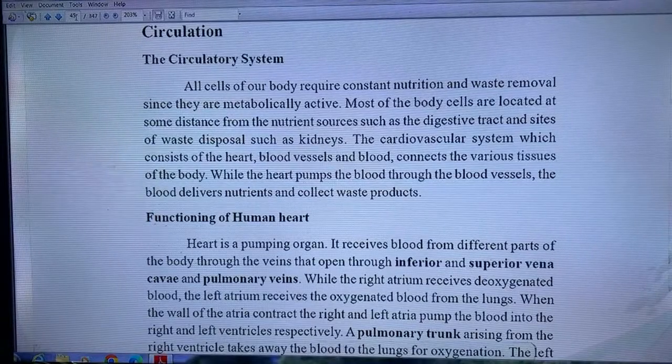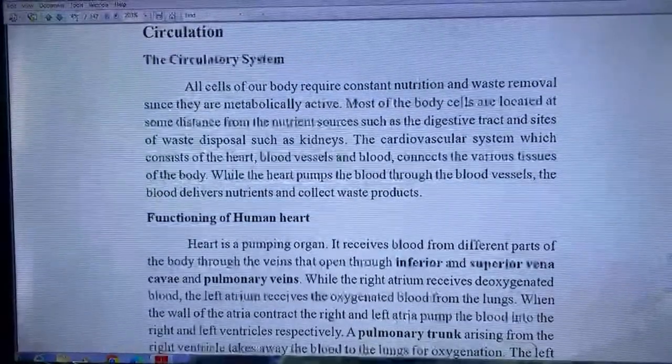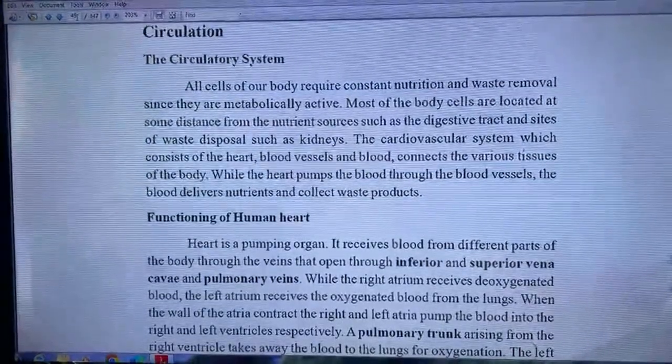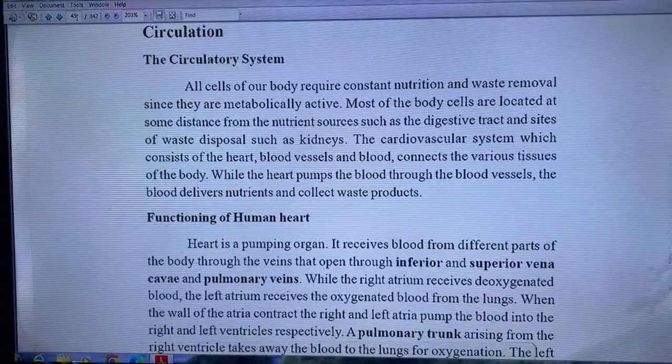Circulation. All cells of our body require constant nutrition and waste removal since they are metabolically active. Most of the body cells are located at some distance from the nutrient sources such as digestive tract sites and waste disposal sites such as kidneys.